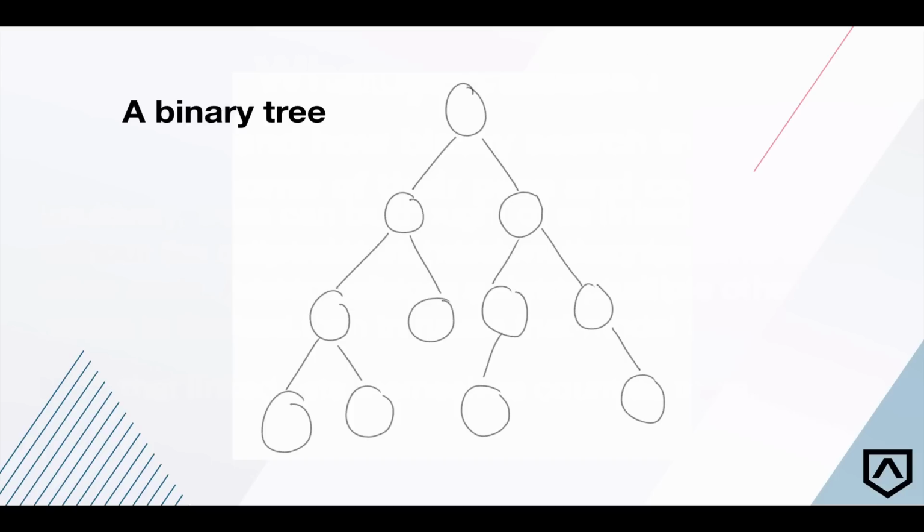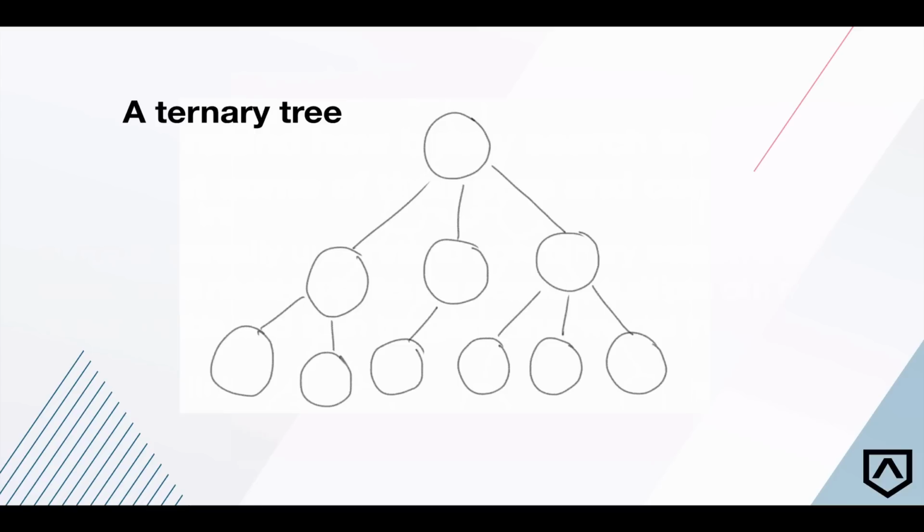To illustrate what we mean with a visual, here's an example of what we would call a binary tree. And it turns out when we classify different types of trees, a very common classification is to talk about them in terms of the maximum number of nodes that a single node can point to, right? So with a binary tree, every single tree node can point to at most two other nodes, and hence the name binary tree.